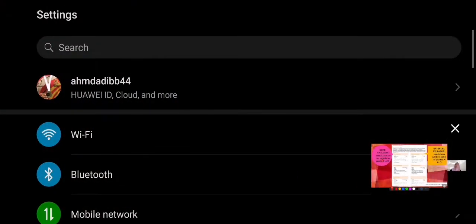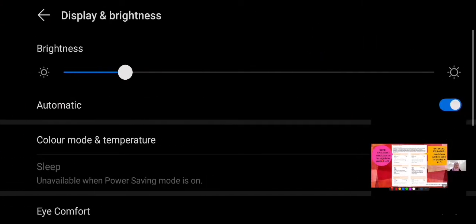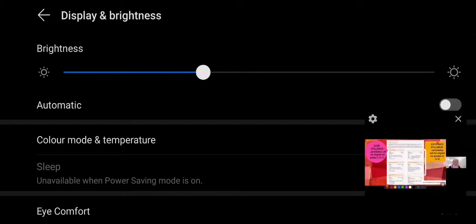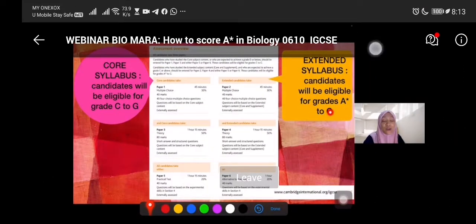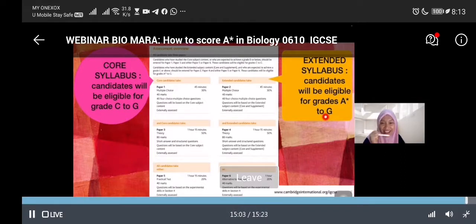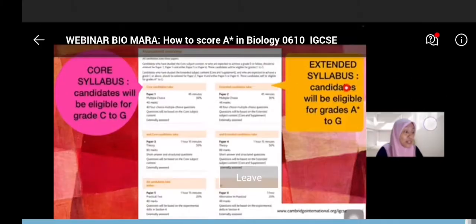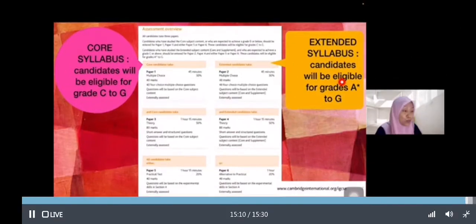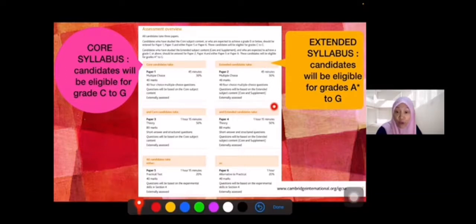Rugi kan? So, Mara decided kita semua ambil extended syllabus so that we will be eligible for grade A star to G. Yes, of course, kita semua nak dapat A star kan? Okay, untuk extended syllabus, kita ada komponen 2, komponen 4 ni yang wajib kita ambil. Lepas tu kita boleh pilih either paper 5 atau paper 6. But because paper 6 ni buat eksperimen and sometimes nak buat eksperimen kan macam-macam yang diperlukan.